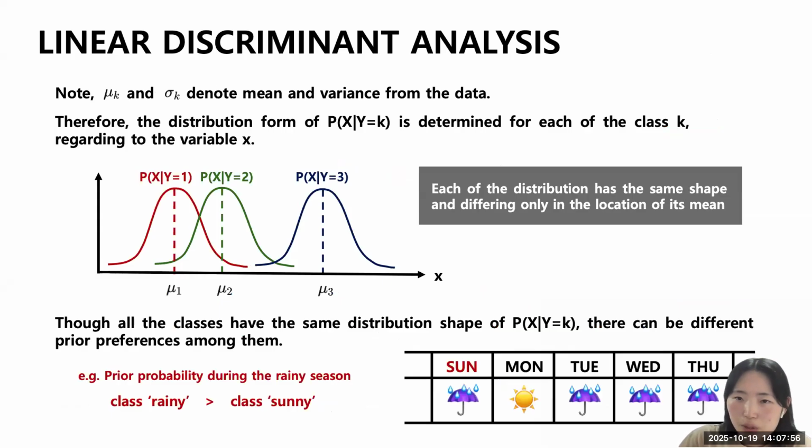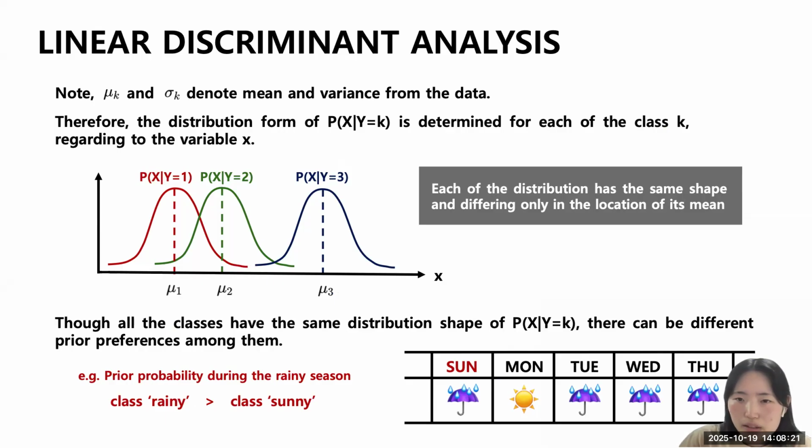In LDA, the curve shares the same shape, only shifting along the mean values. This means the model separates classes mainly based on how far their means are apart, not by changing the shape of the distribution. The overall height of each curve differs according to the prior pi k, which reflects how common each class is in the data.